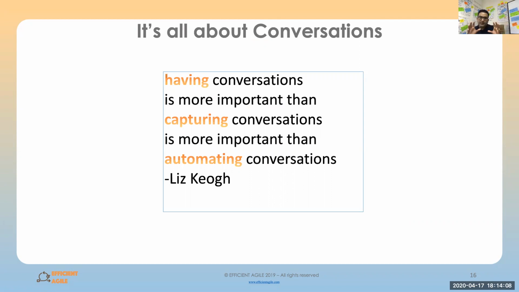Now, this is from Liz. I know everybody would have heard about this concept called 3 Amigos. We also call that a discovery workshop. Now, in that workshop, the goal of the meeting is to generate real-world examples. Talk about things that's happening, what's going to happen to your product, if the product was existing, or if the software was already there.